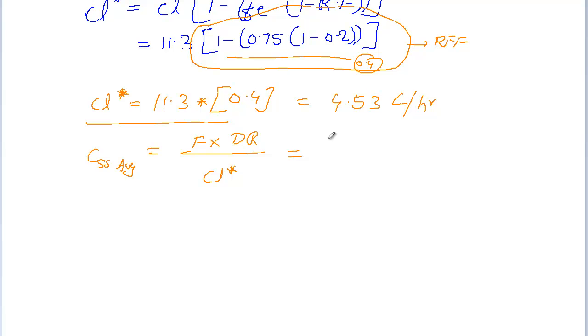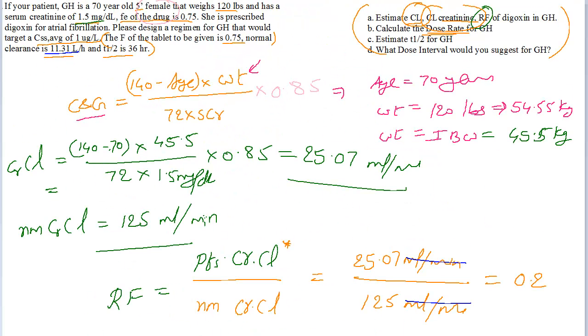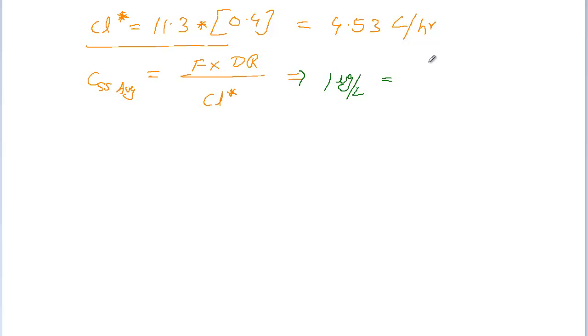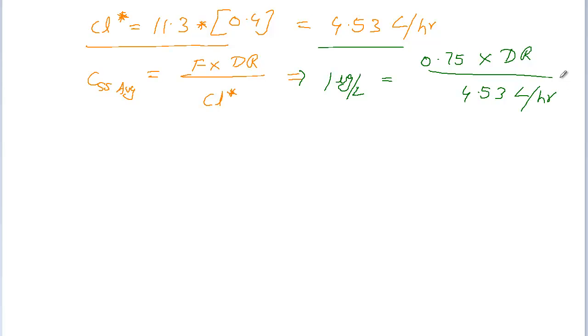The Css average is 1 microgram per liter, and the bioavailability is 0.75, times the dose rate, which is what we're going to find out, divided by the clearance, 4.53 liters per hour. If you rewrite this equation for the dose rate, the liters cancel and we're left with microgram per hour as the dosing rate units.